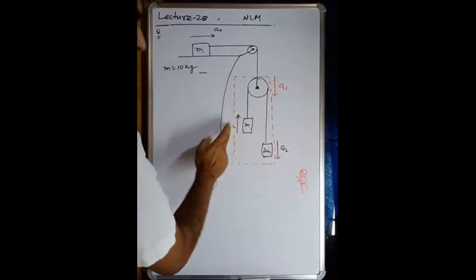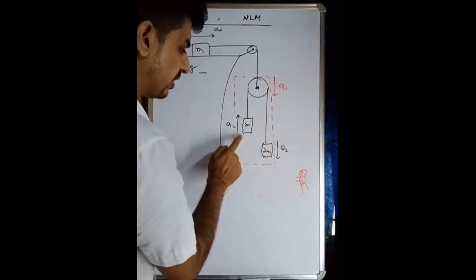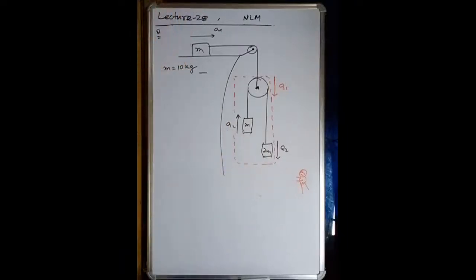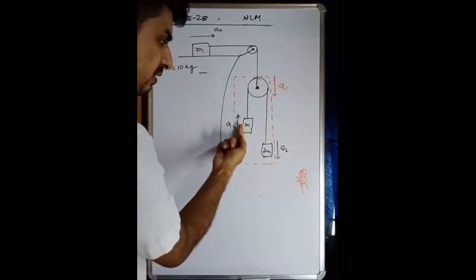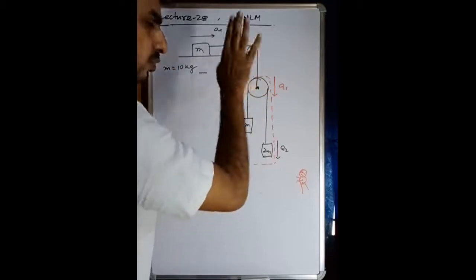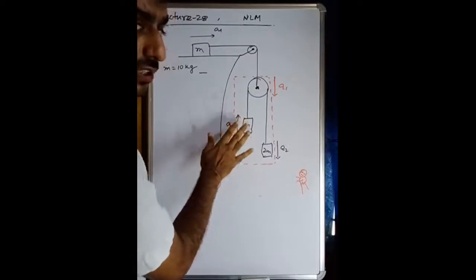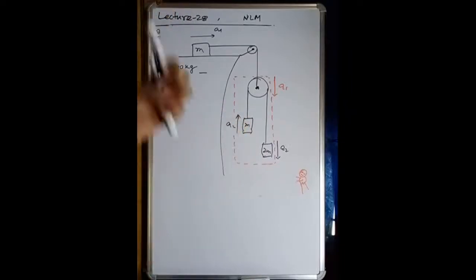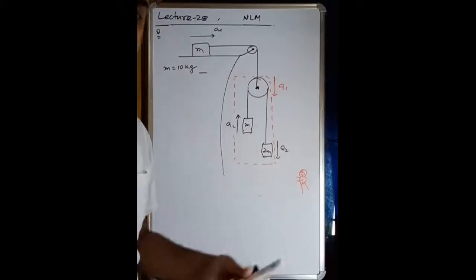Suppose A1 and A2 are equal, what will happen? This observer will feel this is not moving at all. Yes, it is moving 2 meter up, but this pulley makes this body 2 meter down. Overall, this is supposed to be at rest. If acceleration is 0, then you can say the velocity is constant.